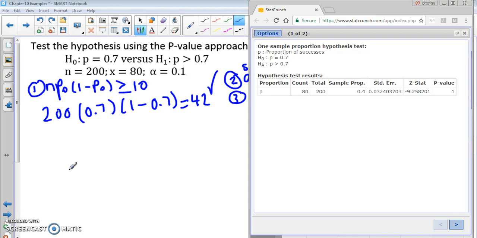The p-value is essentially the long-term proportion of times an outcome as extreme or more extreme than the outcome actually observed might occur if the statement in the null hypothesis is true.